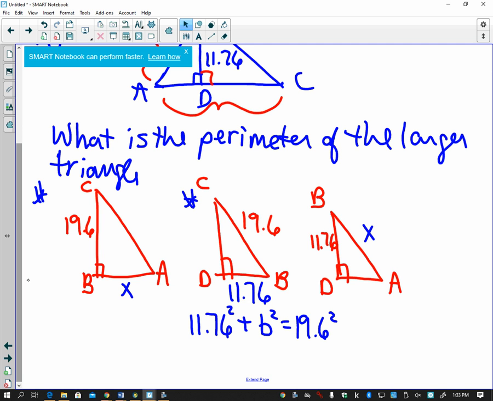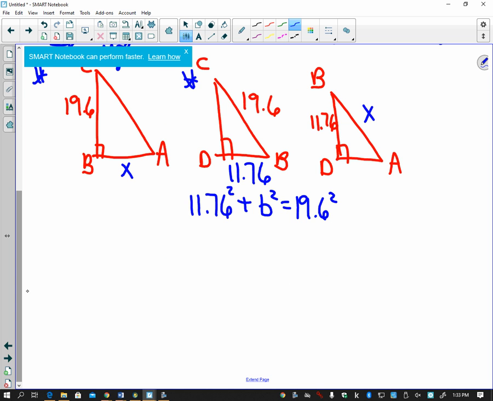So this is where we need some calculator work. 11.76 squared is 138.2976, plus b squared equals 19.6 squared, which is 384.16.